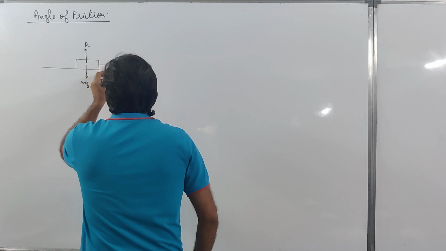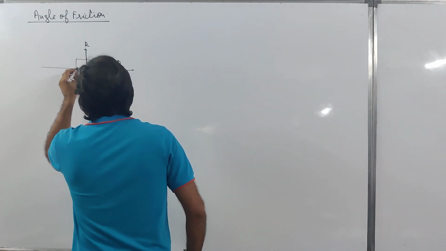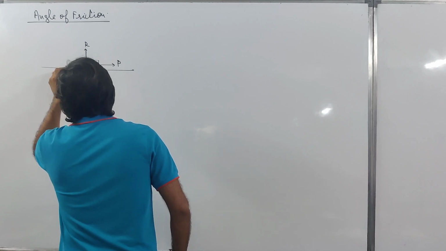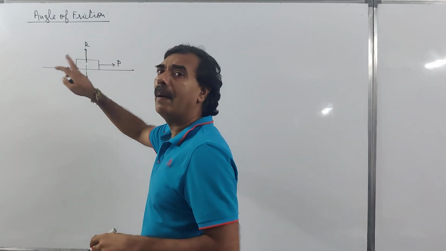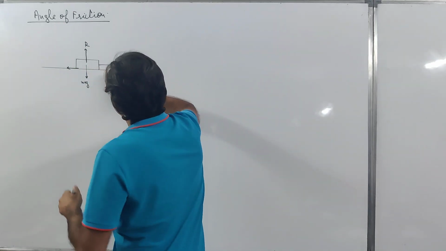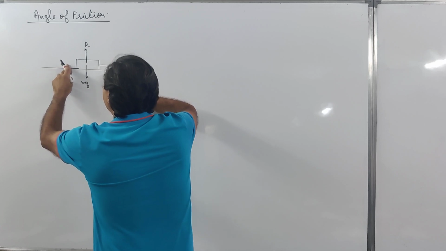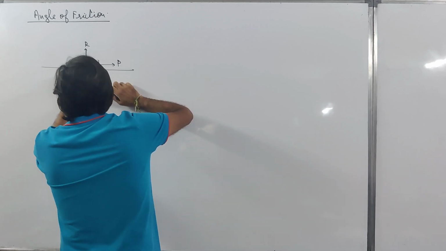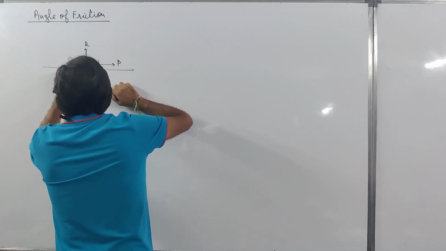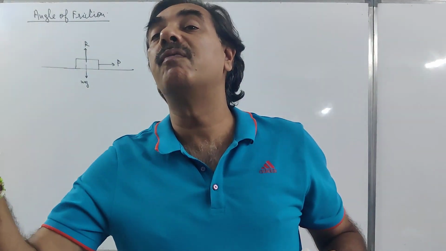The moment you apply a force less than the limiting friction, a frictional force acts here, equal and opposite. You go on increasing this force, this static friction will also go on increasing. A stage comes when the body is on the verge of motion.